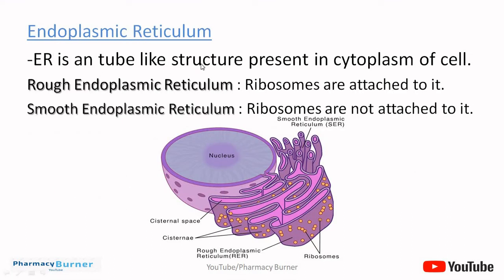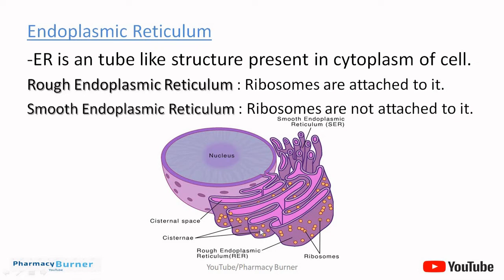So endoplasmic reticulum. Endoplasmic reticulum is a tube-like structure present in the cytoplasm of the cell. There are two types of endoplasmic reticulum: rough endoplasmic reticulum and smooth endoplasmic reticulum. In rough endoplasmic reticulum, ribosomes are present on the endoplasmic reticulum.